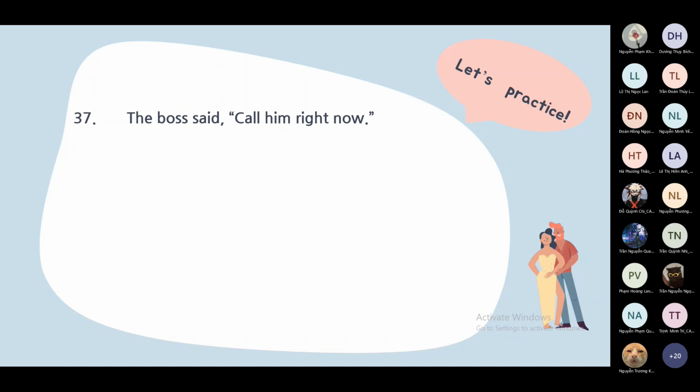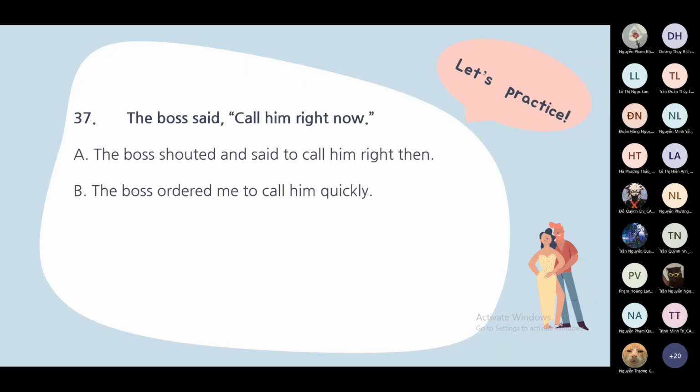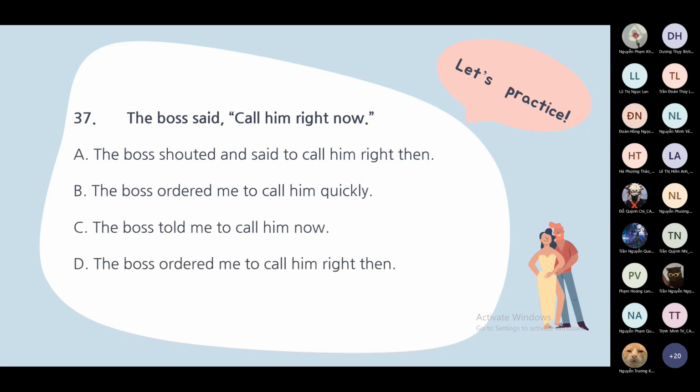The last question is: the boss said, "Call him right now." Does anyone know the answer for this question? So Hồng Anh, please. I choose D. Yeah, D is the correct answer.